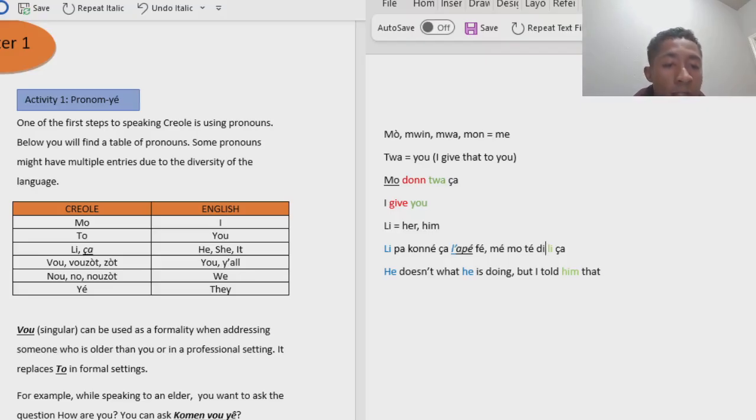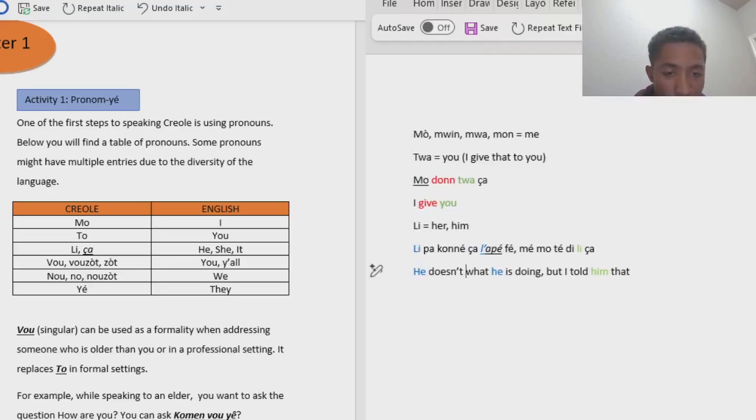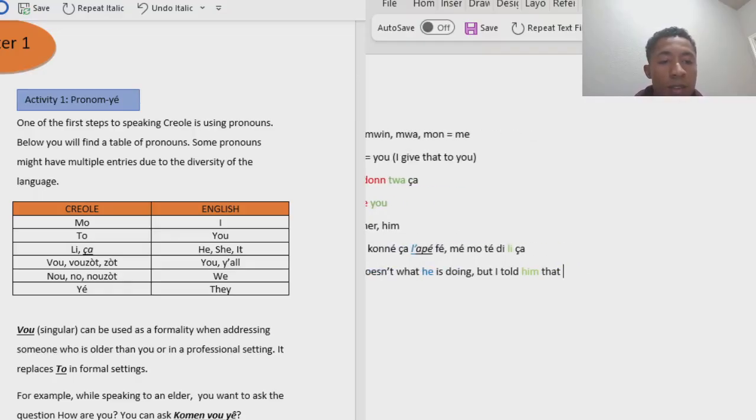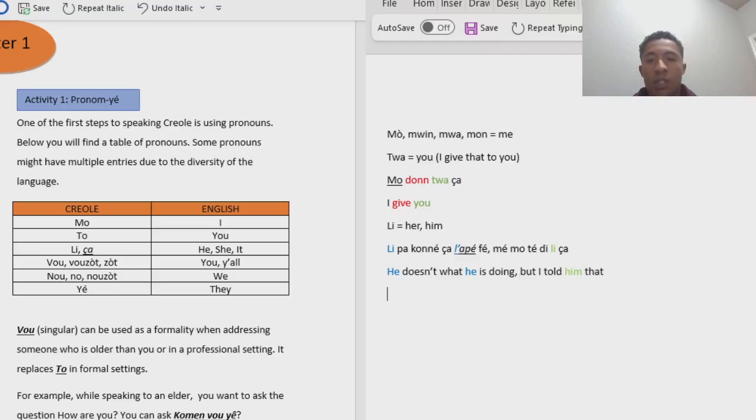So since it's saying I told him, then you can recognize that li is now in that indirect form. So it's a him and not a he. And again, I'll explain why this is contracted as we go along. I also forgot to tell you that it can be it.